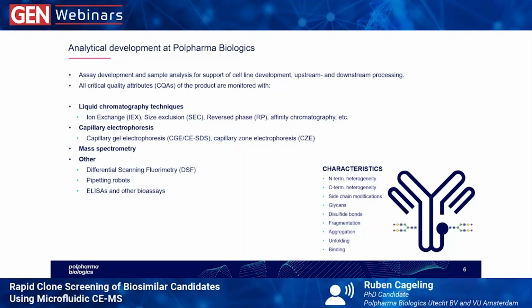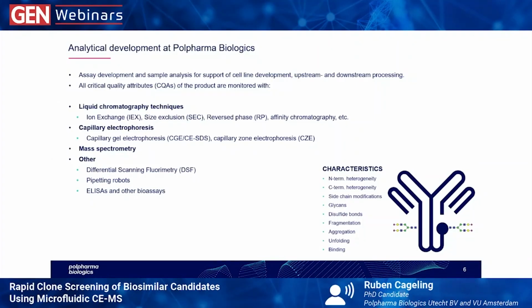So here we do assay development and we do sample analysis for all steps in these early stages, like upstream and downstream processing. And we monitor the critical quality attributes of the products, like N or C terminal heterogeneity, side chain modifications, glycans, disulfide bonds, and more.